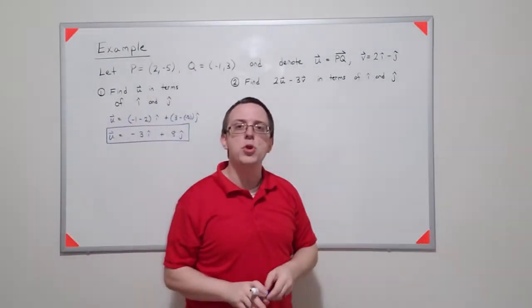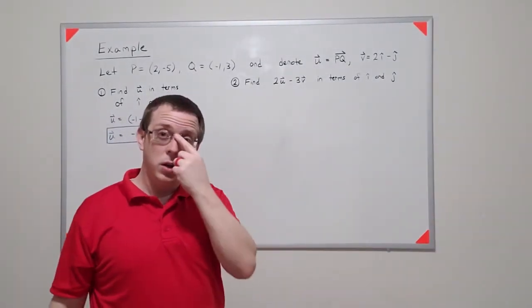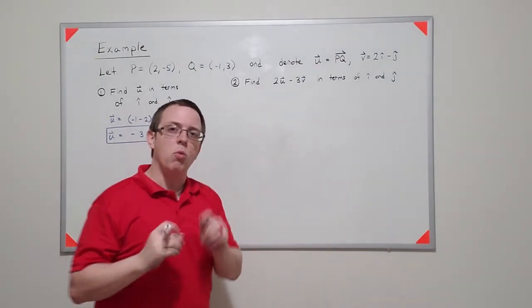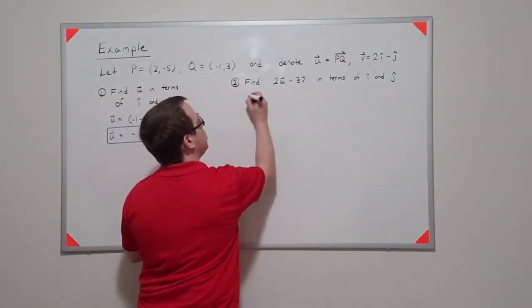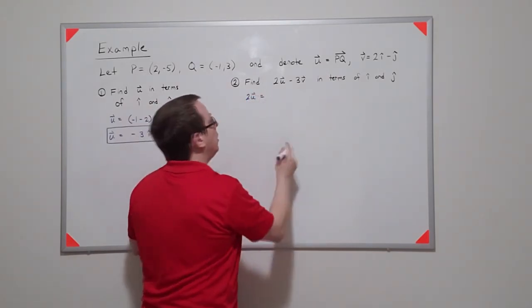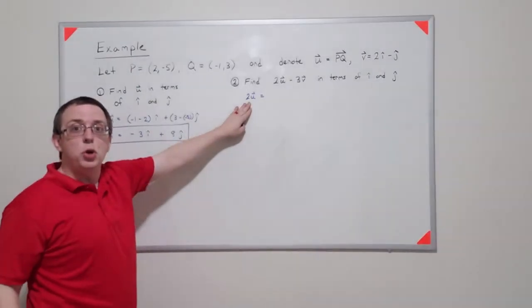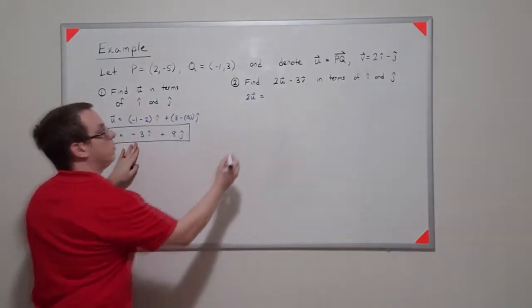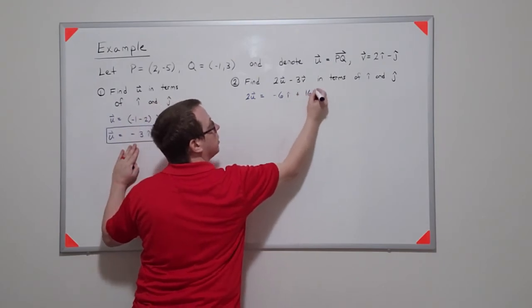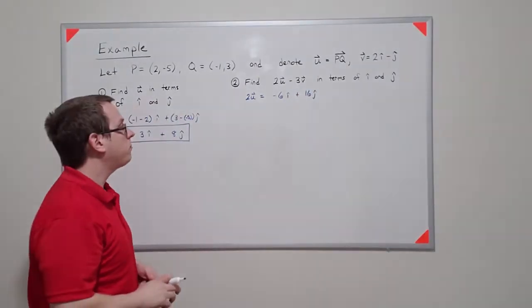Second piece, we want to find 2u minus 3v. So let's be a little more clever with this. Let's get 2u. 2u is simply 2 times each component of u, so that gets us -6i plus 16j.